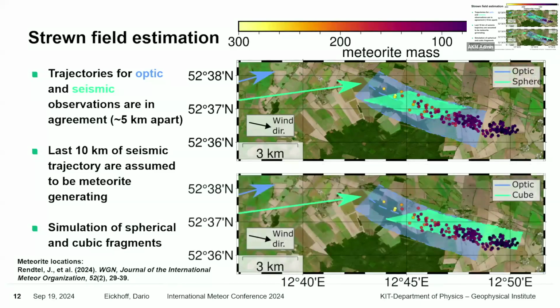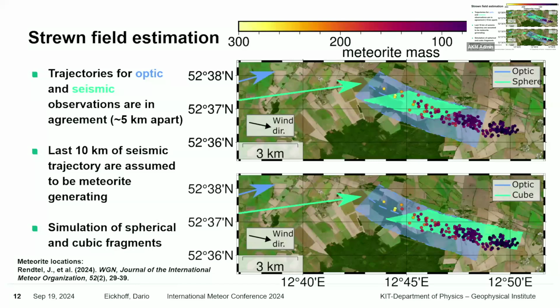On the top, you have spherical fragments, and on the bottom, the cubic fragments. And you can see we have a very nice match with the actual strewn field. So we can nicely match the ground truth of our locations with our modeling, which is really good and is a promising future for the seismoacoustic method.